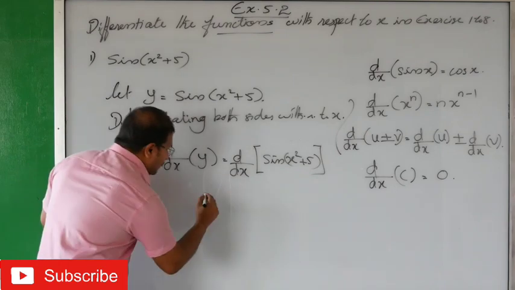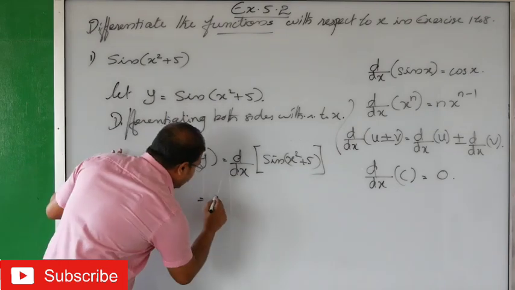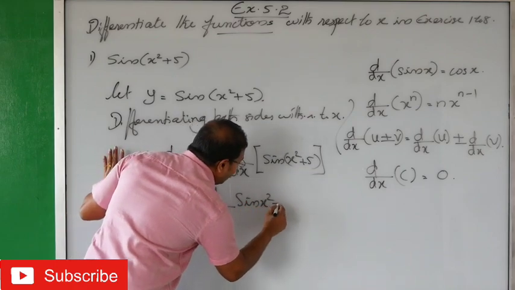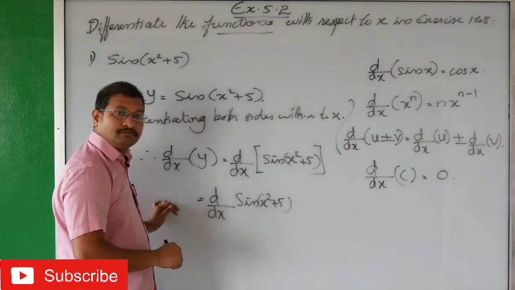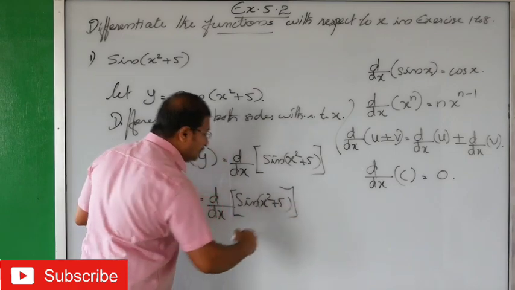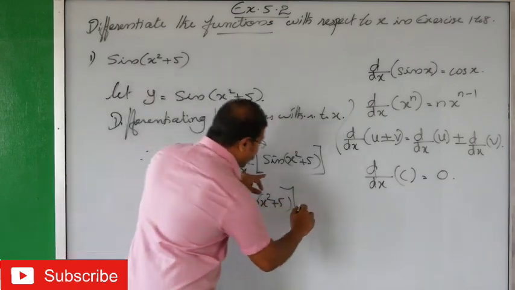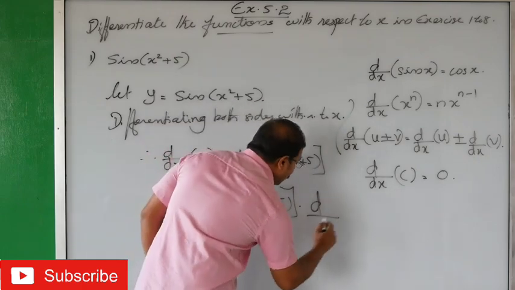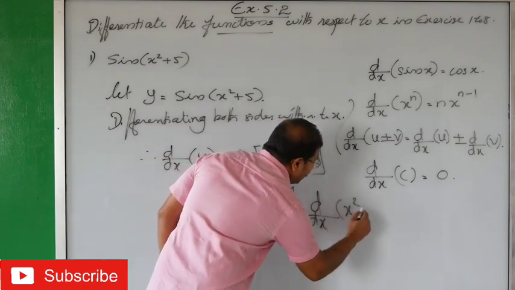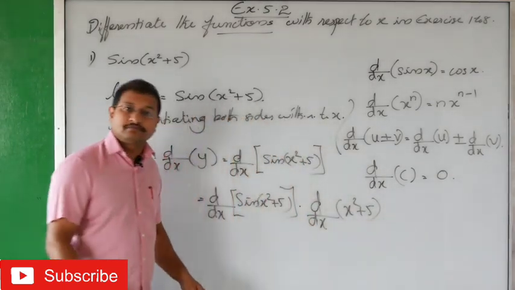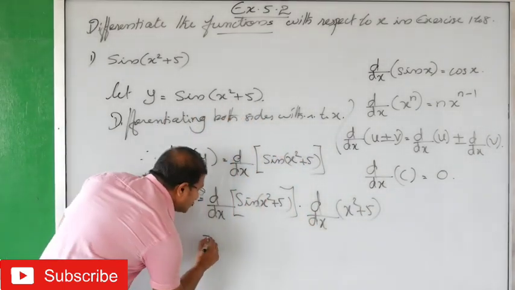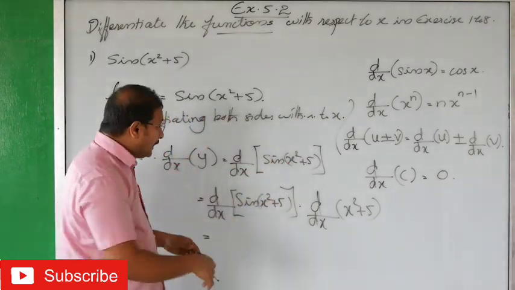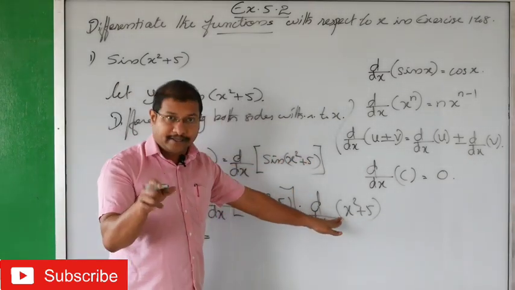Ready? This equals, first we will take the derivative of sin of x square plus 5. After that we will go for the derivative of x square plus 5. See what we have done, derivative of this part, after that inside the bracket we have to take the derivative.